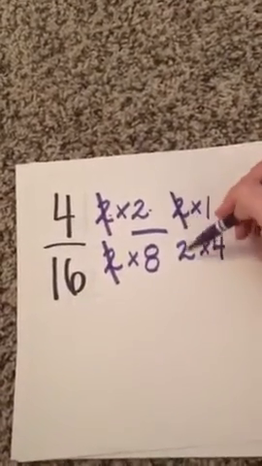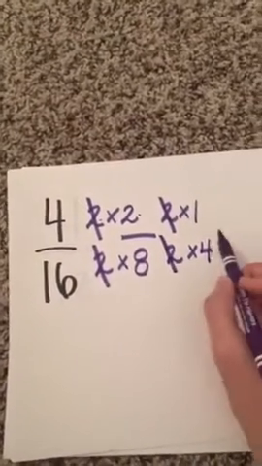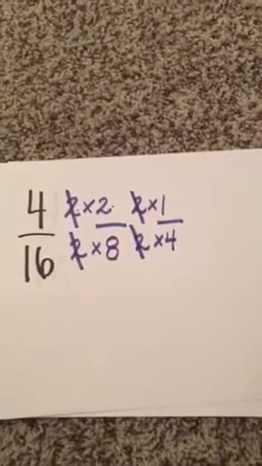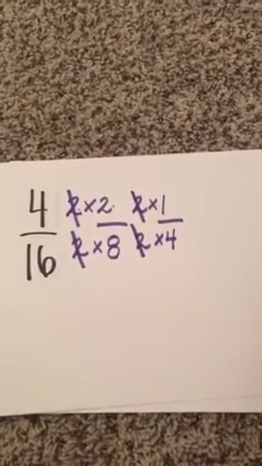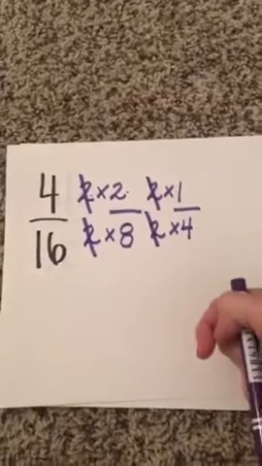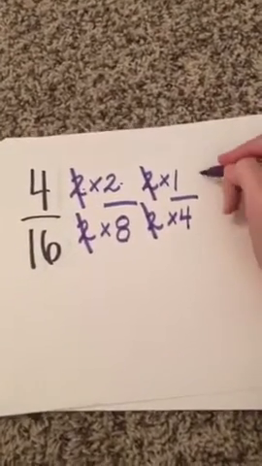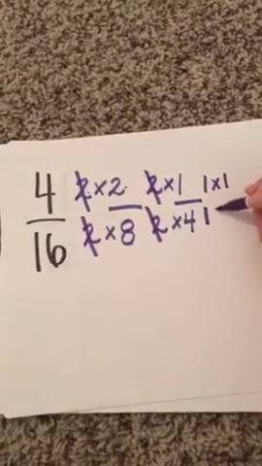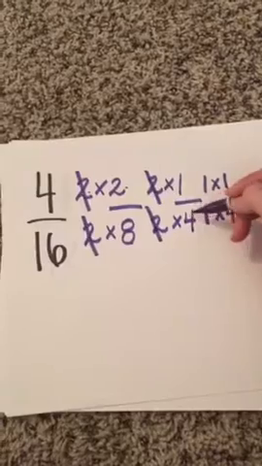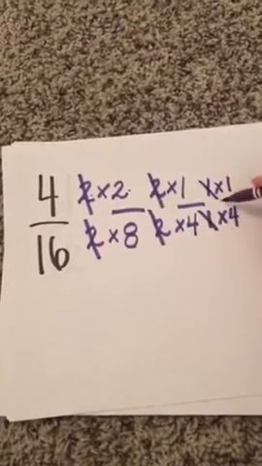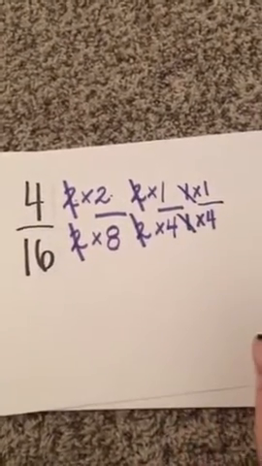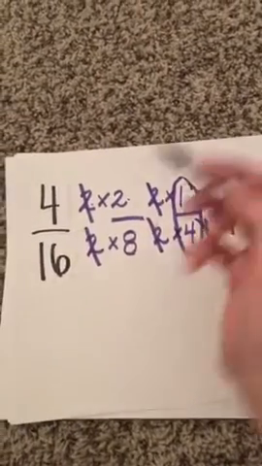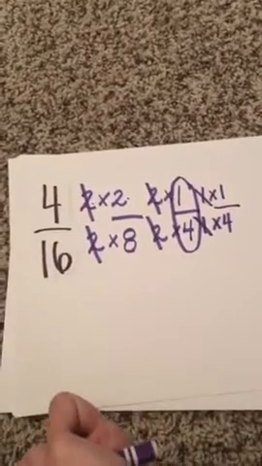The 2's are common, so I can cross them out, leaving 1/4. 1/4 is as simple as it can get, because the only common factor they have left is 1. 1 times 1 equals 1, and 1 times 4 equals 4. Crossing both the commonalities out, you have 1/4 left, meaning 1/4 is as simple as 4/16 can get.